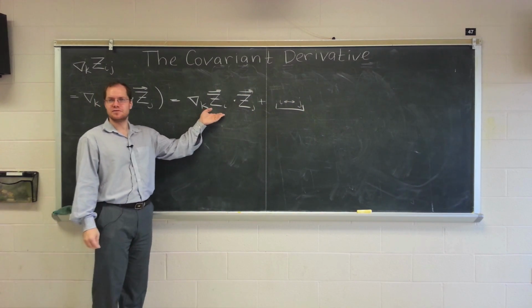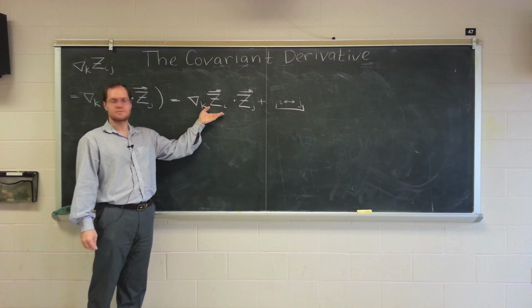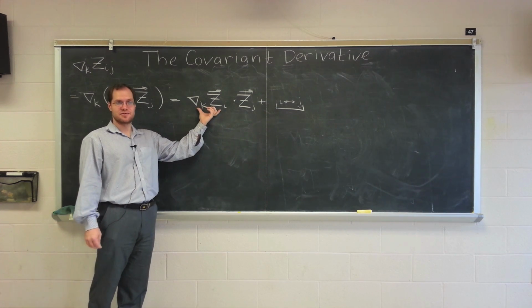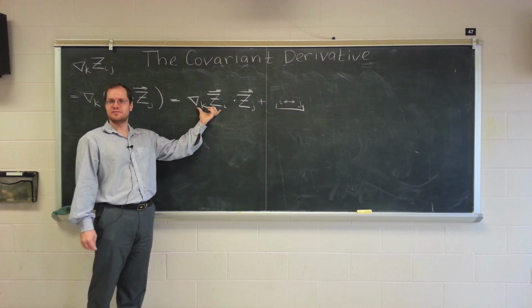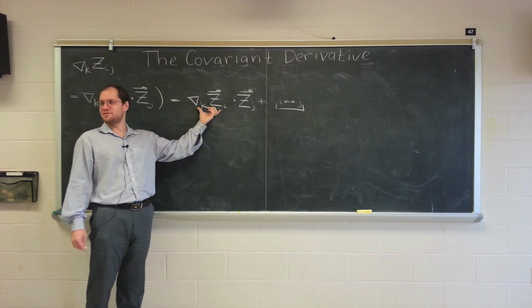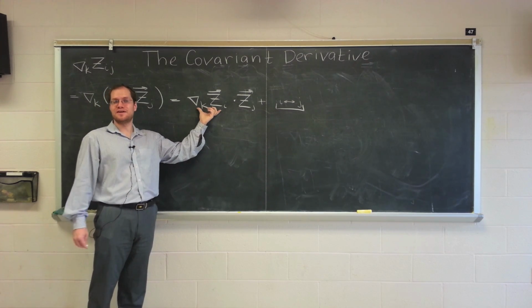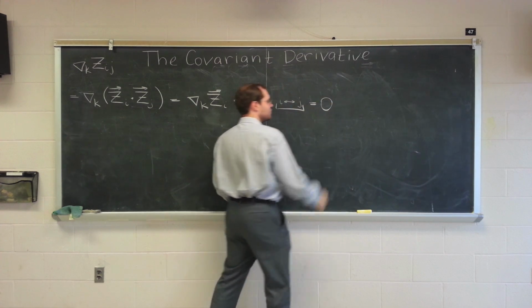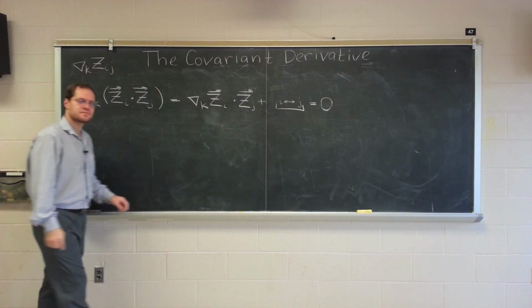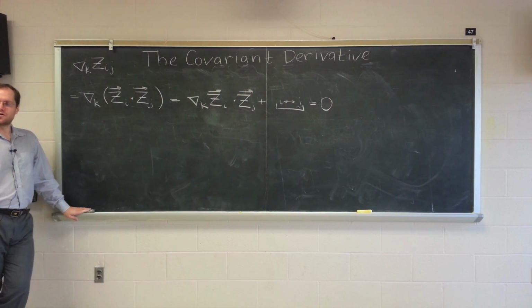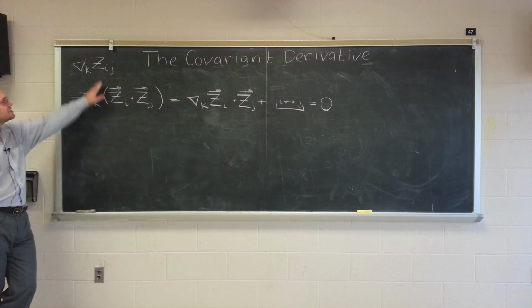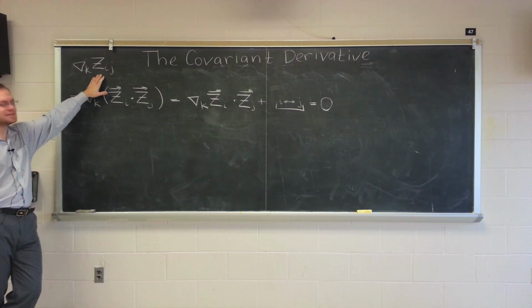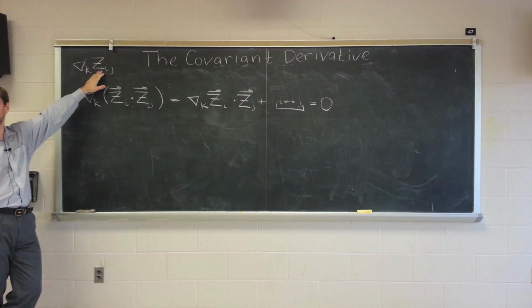And what is this equal to? 0, because the covariant derivative of the basis is 0. So we're building up our differentiation table, and so far everything's 0. That's just the metrinilic property. So the covariant derivative applied to the metric tensor is 0. The exact same thing for the contravariant tensor, it's also 0.